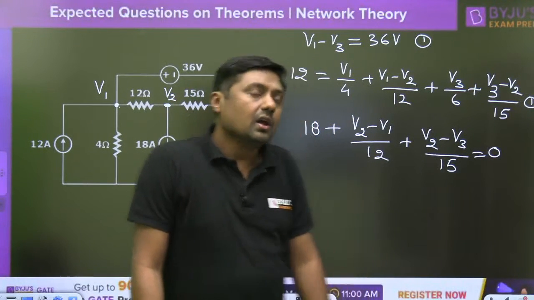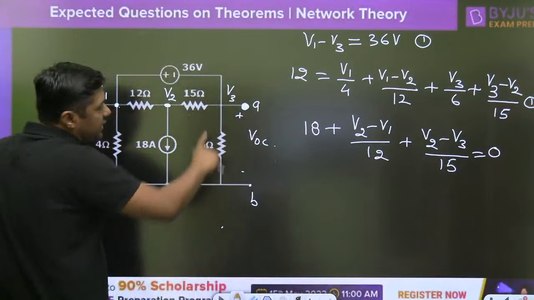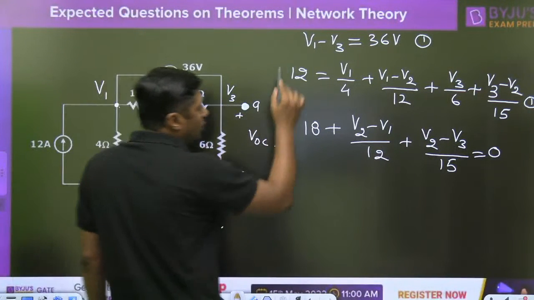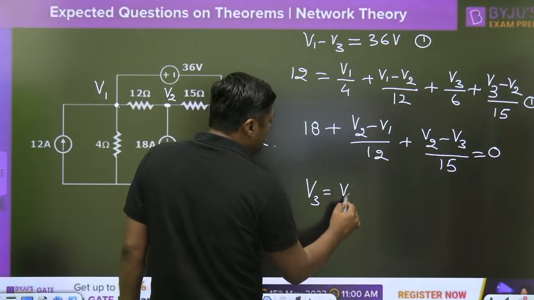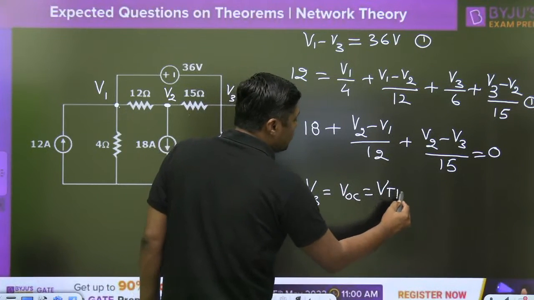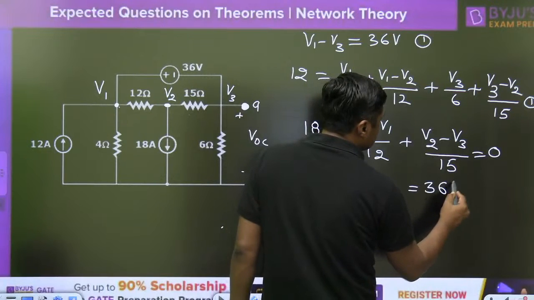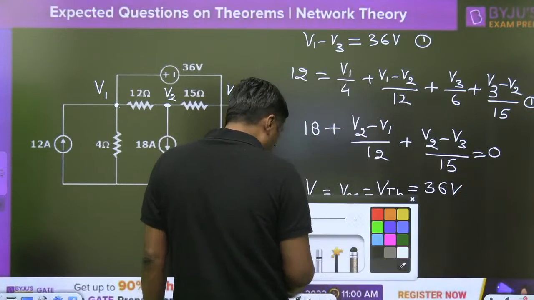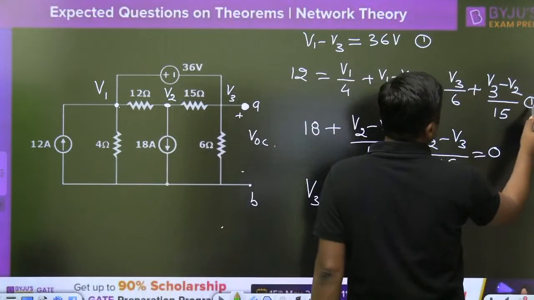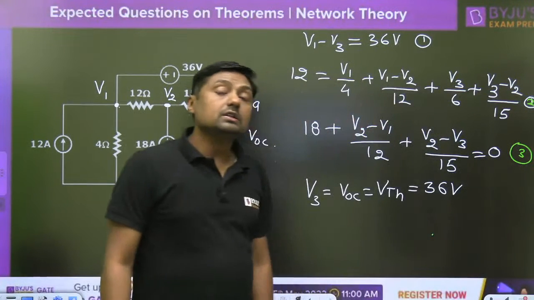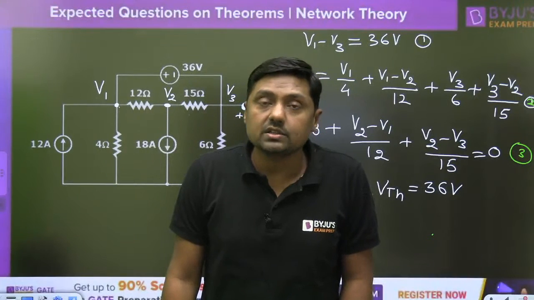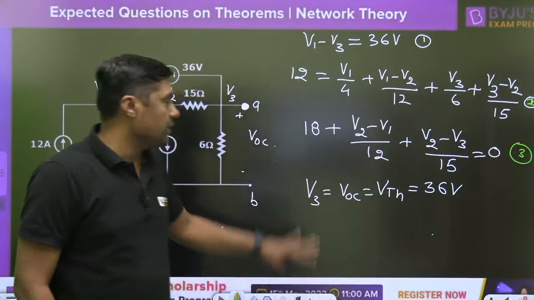Ultimately you have to find V3, because V3 is VOC. From these three equations you get V3 equals VOC, which is VTH, equal to 36 volt. So try to solve this question, everyone. This is equation number 1, that is equation number 2, this is equation number 3. This is called super nodal analysis, or simply super node analysis.